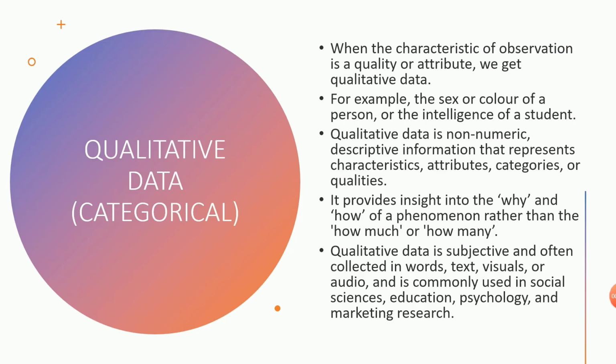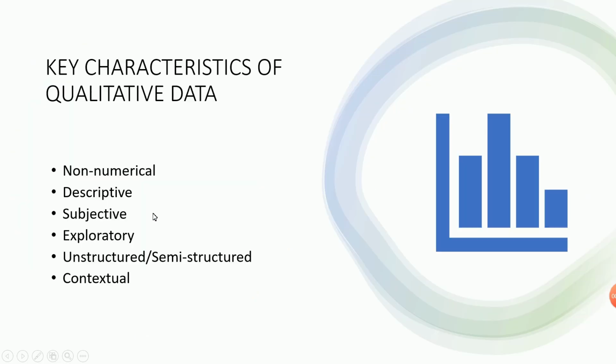But here we are seeing the how and why of that phenomenon rather than the how much and how many. So qualitative data is subjective. There it is objective. Here it is subjective and often collected in words, text, visuals or audio, and is commonly used in social sciences, education, psychology and marketing research. So here, it is categorical.